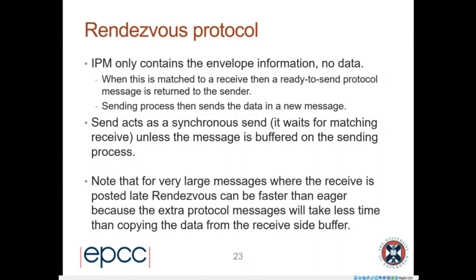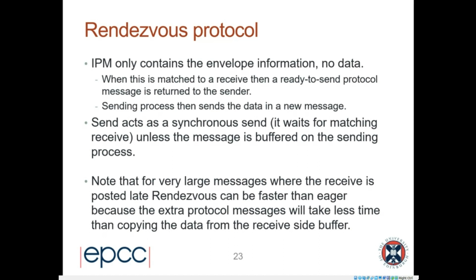You might think that the rendezvous protocol is always slower than the eager protocol, but that's not true. For very large messages, rendezvous can be quicker because it doesn't require any buffering. With the eager protocol, you have to copy in, copy out.